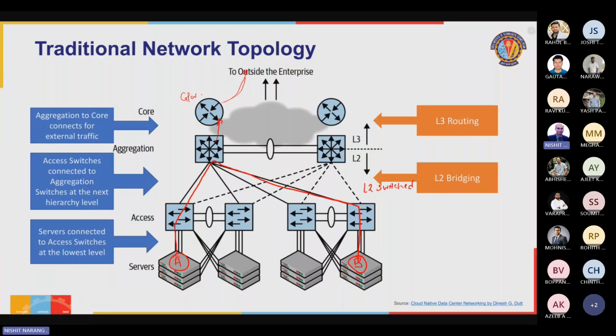I don't have to go to layer 3 of the protocol stack to route the traffic. My traffic can be received at a switch and handled at layer 2. Right? So the amount of encapsulation and decapsulation happening is lesser. You're able to do the forwarding function at layer 2 itself using a switching table.